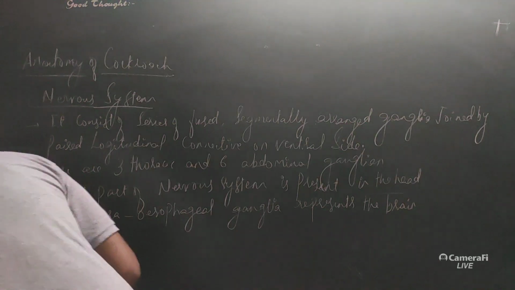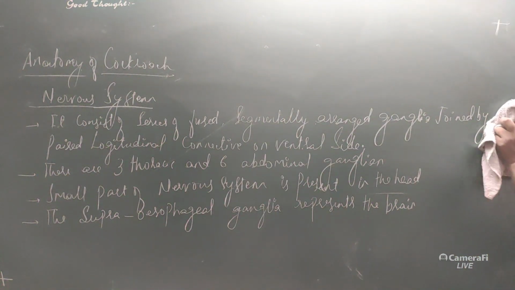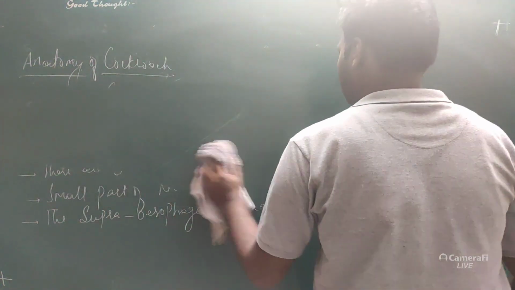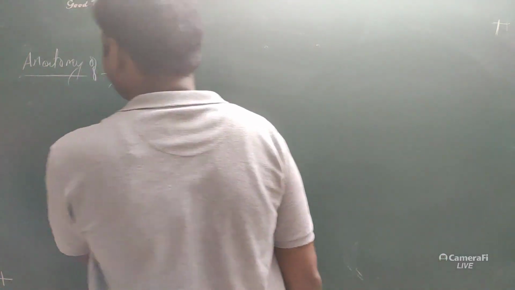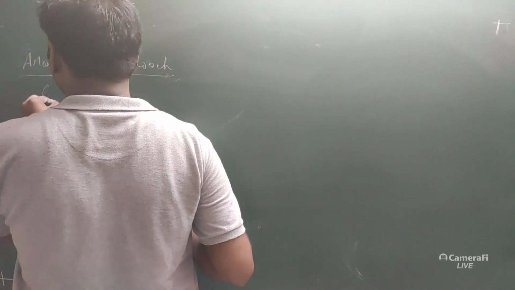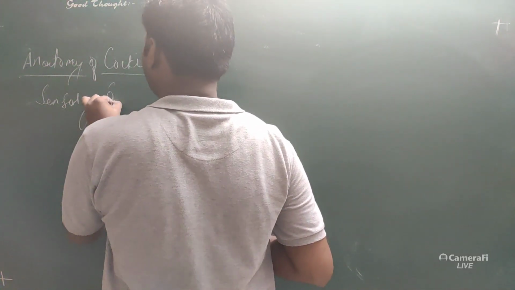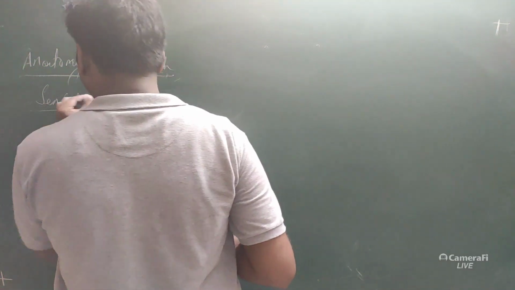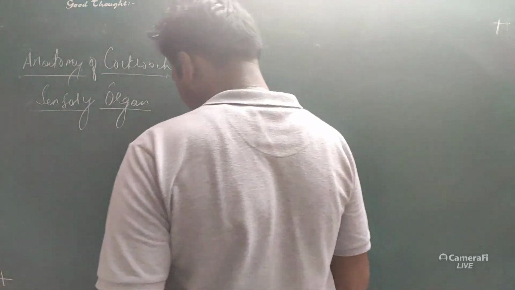The next, we'll move towards the other part, that is the sensory organs. Now what kind of sensory organs are seen in case of cockroach?